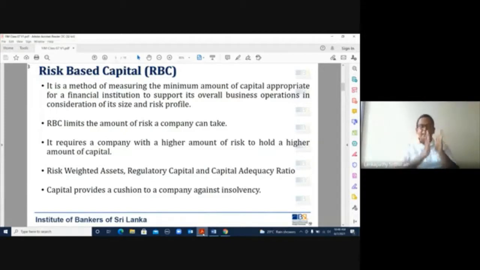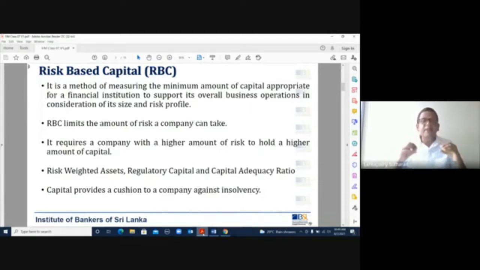Bank A grants loans and advances to highly rated, high net worth corporates, with well diversification. We'll assume that. Bank B grants loans and advances to SMEs, micro credits, and retail loans, those kinds of risky customers.